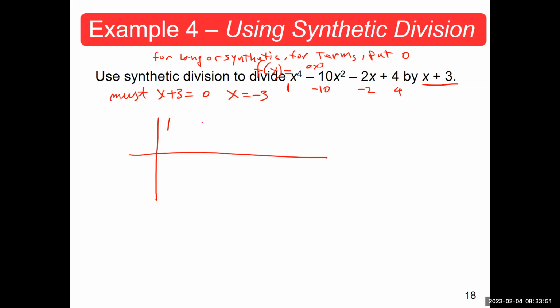The next one is 0, don't forget that one is 0. Then negative 10, then negative 2, then the 4. So you have five numbers: 1, 2, 3, 4, and 5.